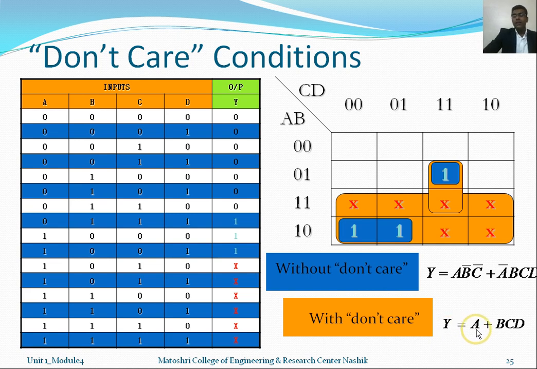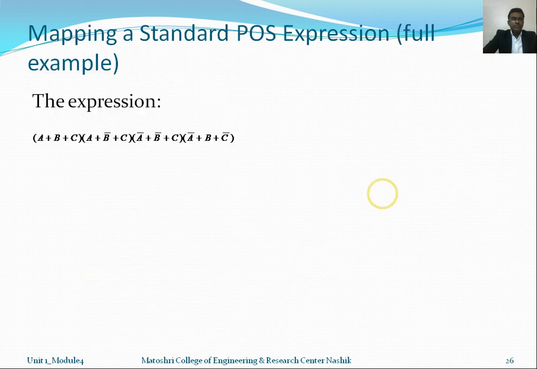Y is nothing but A ORing with B, C, D. If we compare these two expressions, you can clearly see that without don't care the number of variables is much more, so the number of logic gates required is also large compared to the output expression with don't care. So if you need don't care, use it for grouping, otherwise leave it. So that is the don't care condition.